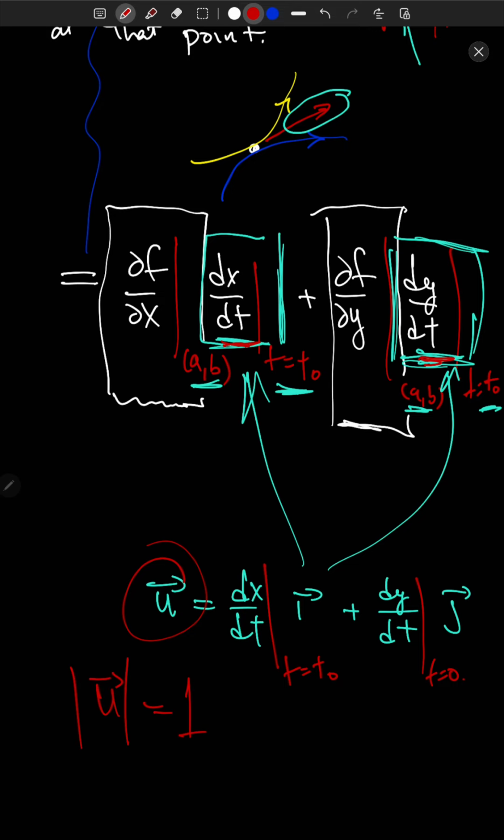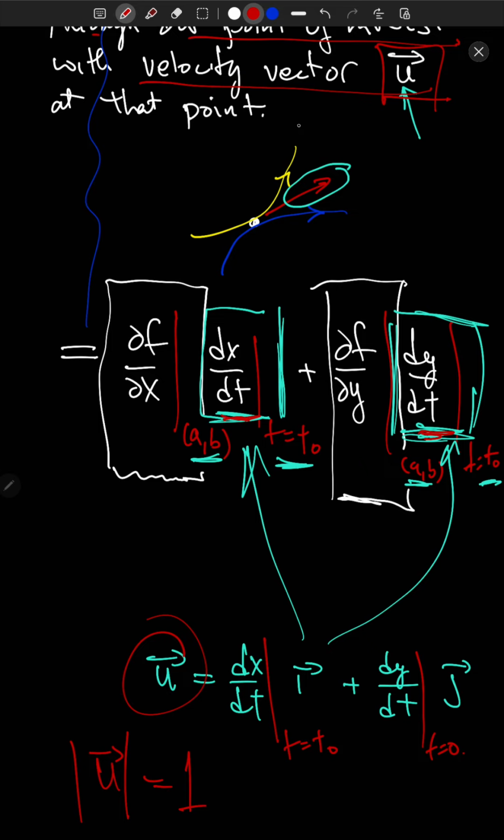So if I do a different parameterization, maybe represented by the yellow curve here, I'm going to get df dx, dx dt, df dy, dy dt. And the terms are going to be literally the same numbers as if I did the blue parameterization. Again, df dx would be the same, df dy would be the same, and dx dt, dy dt put together would be u, for either the yellow vector or the blue vector.